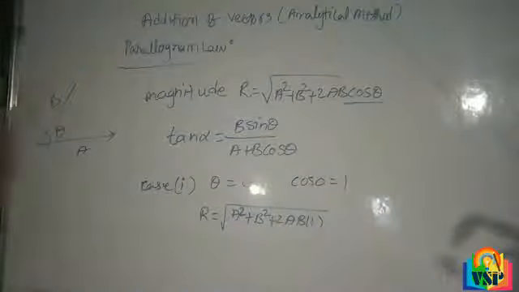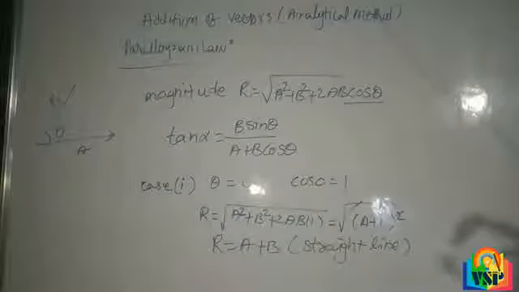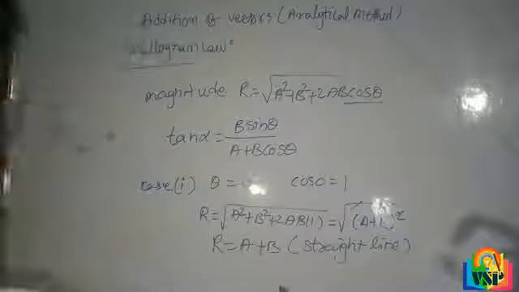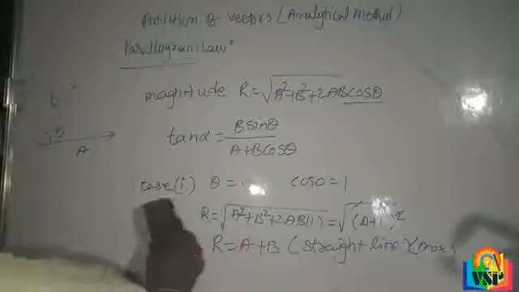This can be written as a plus b whole square, the square root gets cancelled, R is equal to a plus b, which means the vectors are in a straight line. This value is maximum.